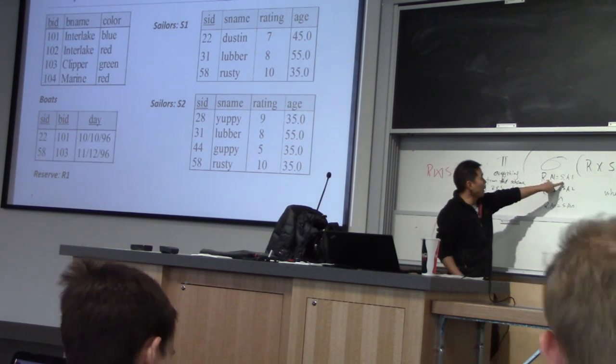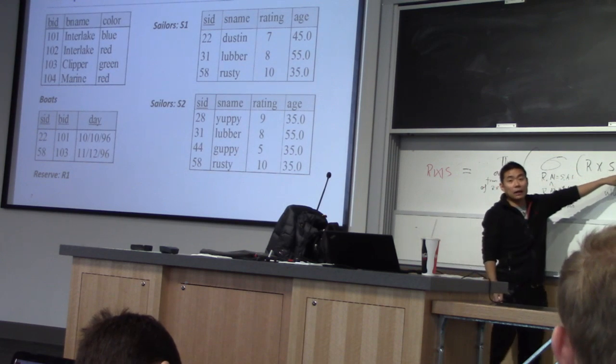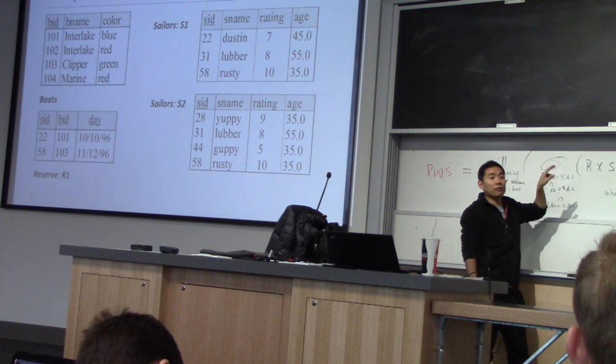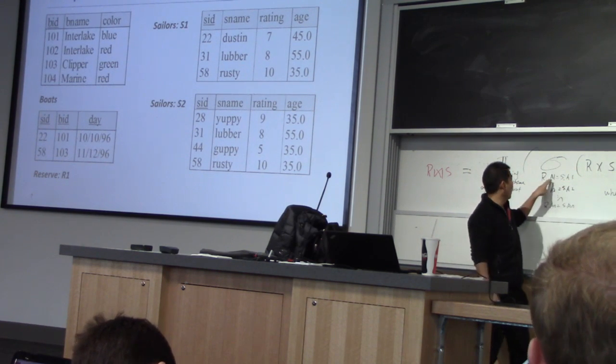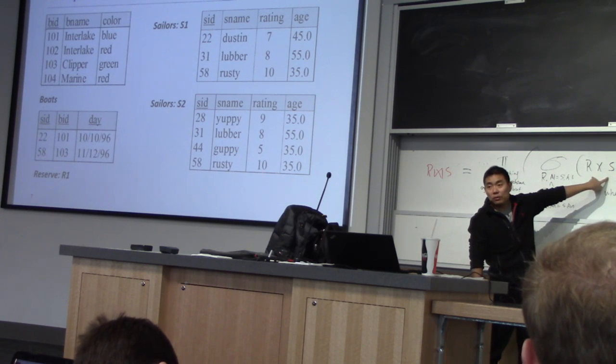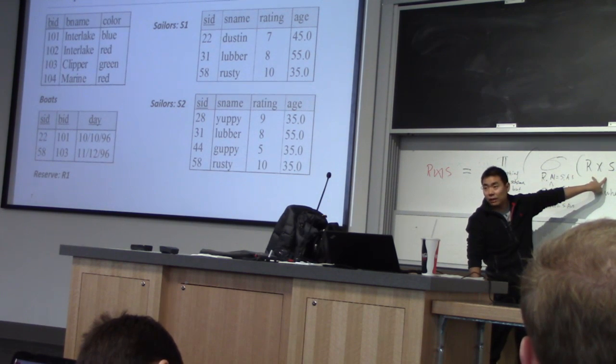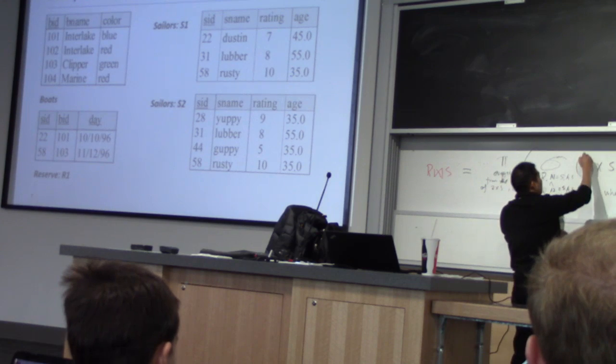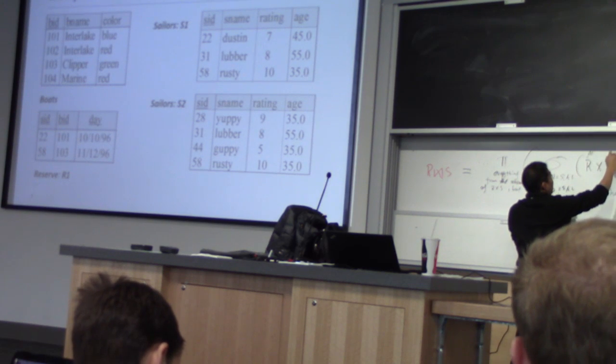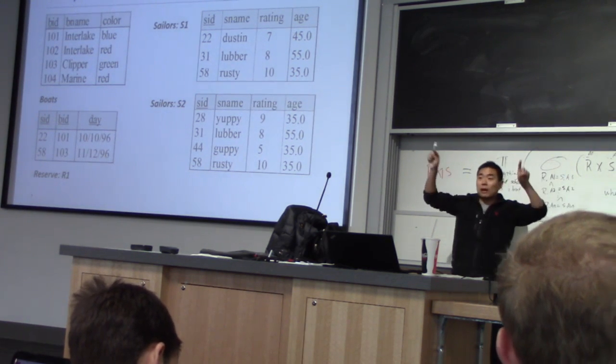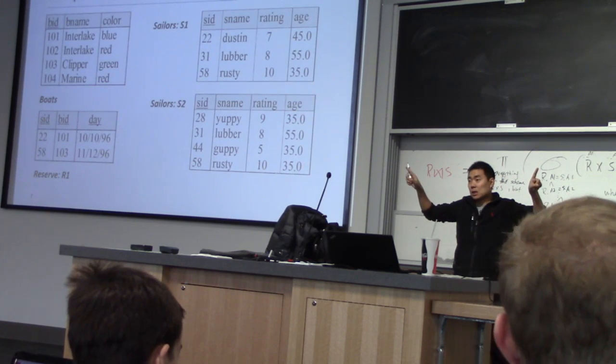Because if you have A1 in both R and S, you're going to have two copies of A1 in the output schema of R cross S, right? Because somewhere you're going to have A1 here, somewhere you're going to have A1 here. So in the output schema, A1 will appear twice.